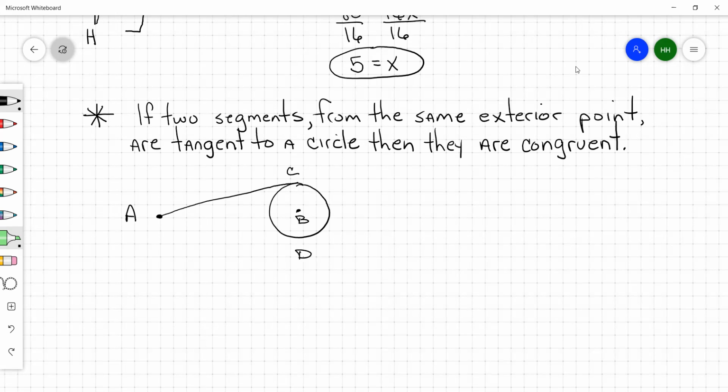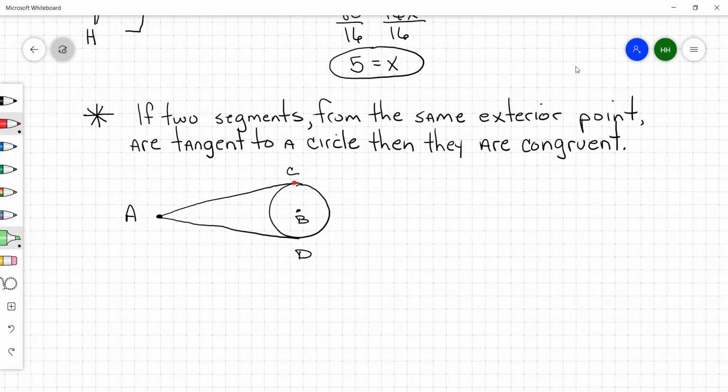And then coming from this same exterior point, tangent to this same circle, we want this right here. So we've got 2 points of tangency.